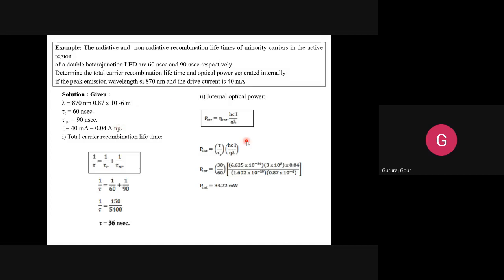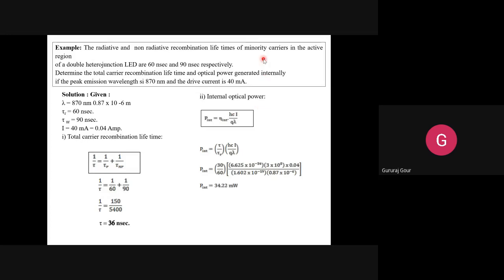You have to remember, sometimes the mass of electron, the charge of electron, certain commonly occurring things. q and lambda: q is the charge of electron, you have to remember, and lambda is given there, 870 nanometer. If you substitute all the things here systematically, use the calculator, you will get the answer.